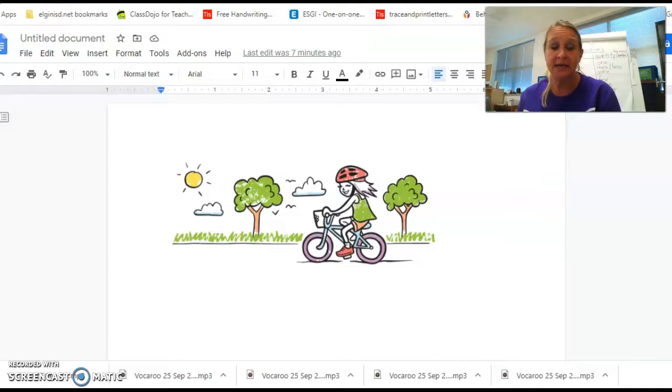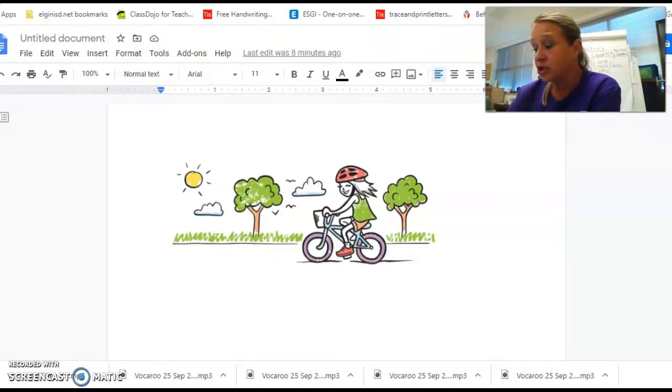I see 2 white clouds. I see 2 purple tires. Okay, so you are going to get to write 2 sentences about this picture using an adjective for quantity and an adjective for color. And then you're going to underline both of the adjectives.